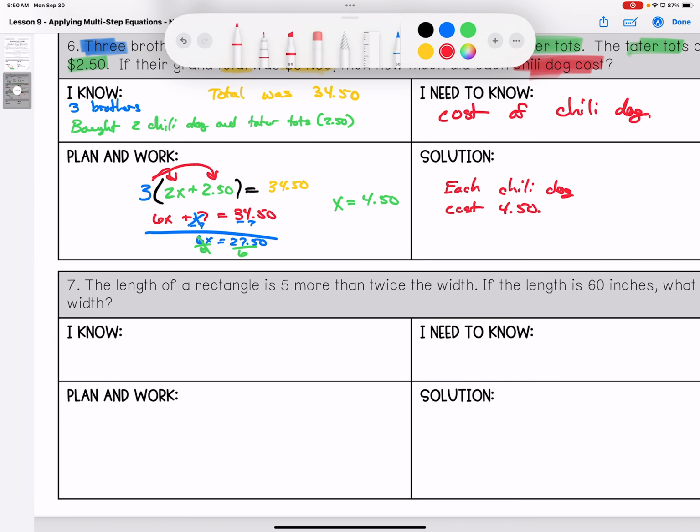All right, number 7. We're dealing with a rectangle again. That's going to come back, and we're going to need that information. The length is 5 more than twice the width. So it's 5 plus 2x, or 5 plus 2w, or whatever variable you want to use for width. The length is, that means equals, 60 inches. What is the width? So what do we know?